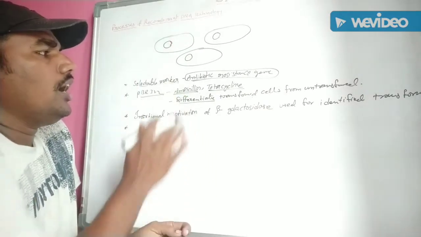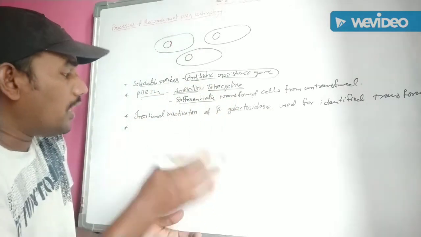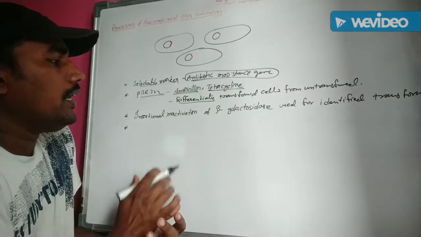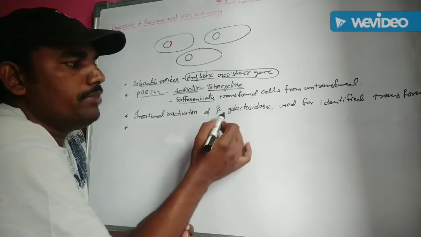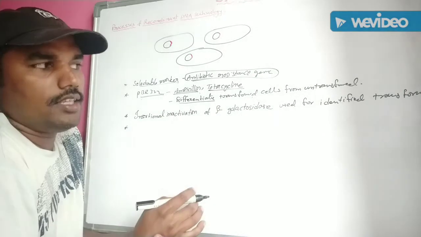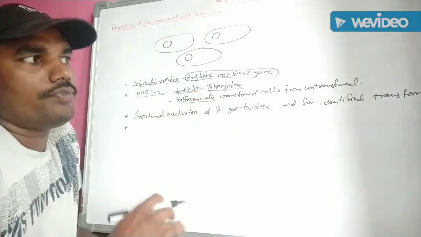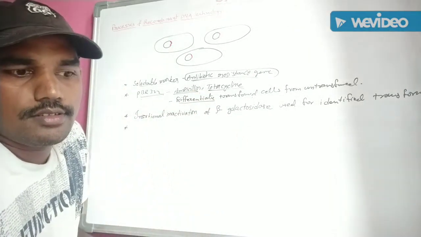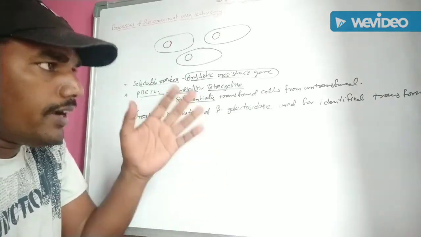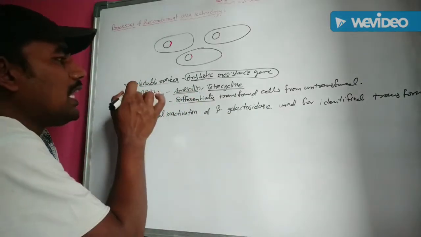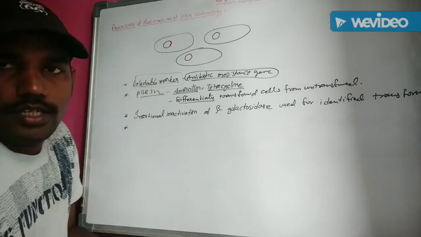In addition to ampicillin and tetracycline, inactivation of beta-galactosidase is also used for the identification of transformed cells. In this way, you select the transformed cells with the help of the selectable marker.